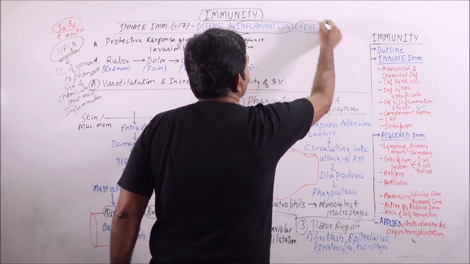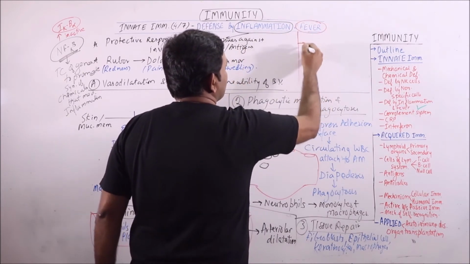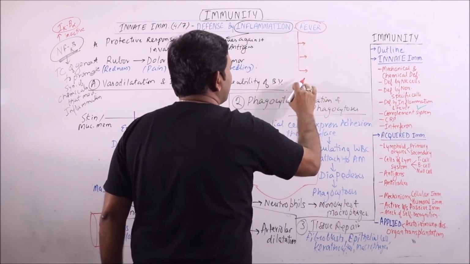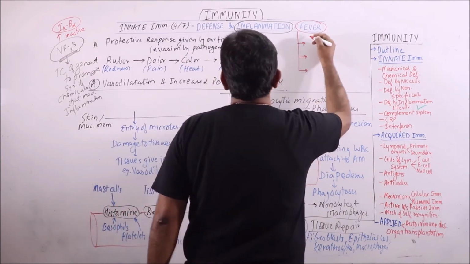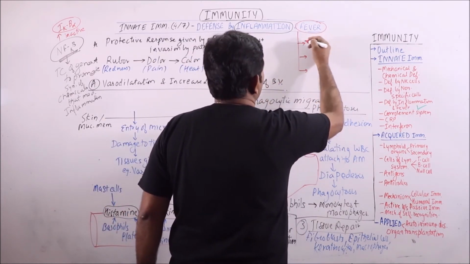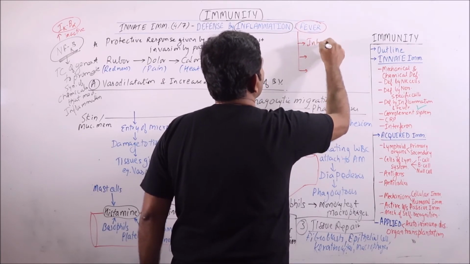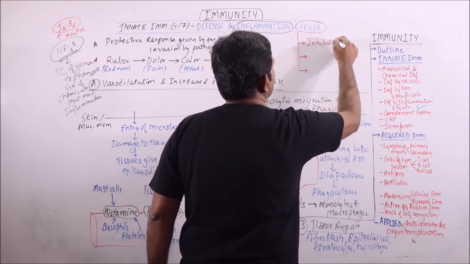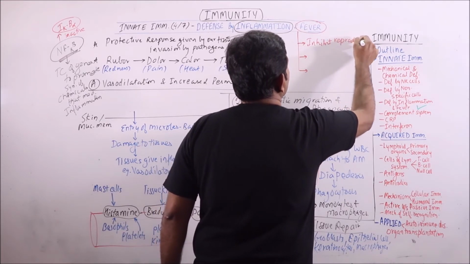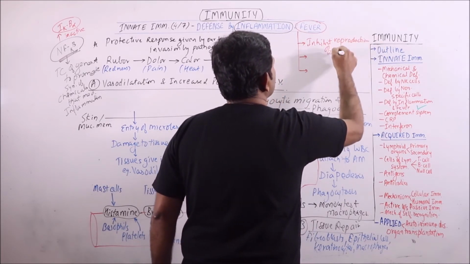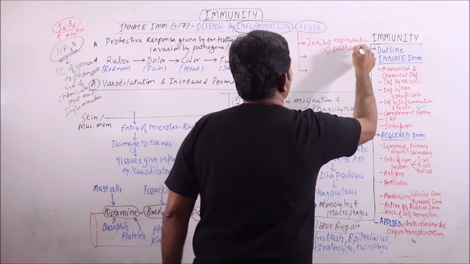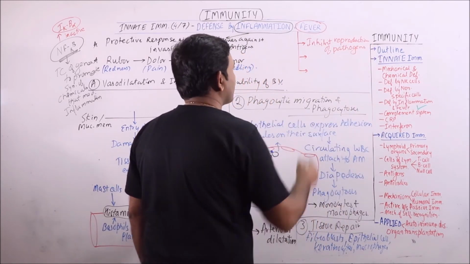Now the fever. There are three important effects of fever which play an important role in immunity. These inhibit the reproduction of pathogens.